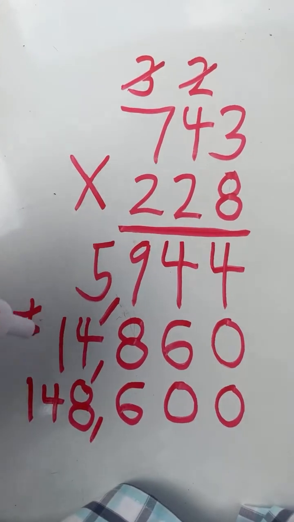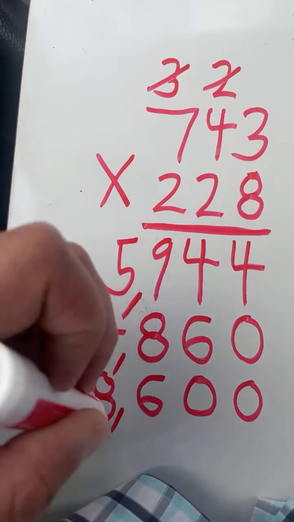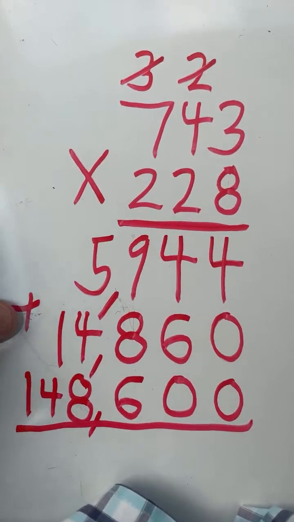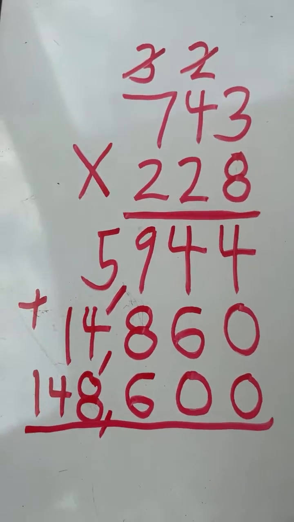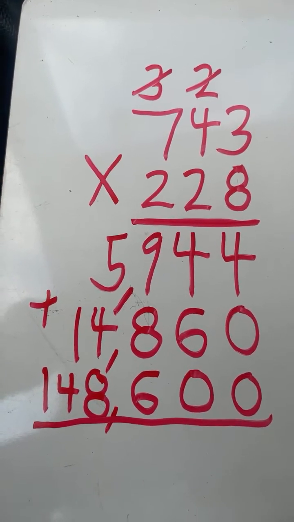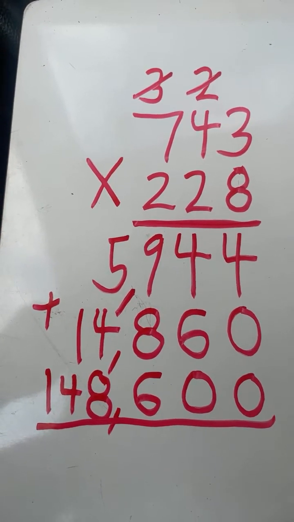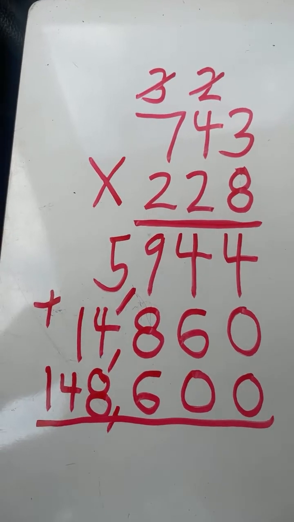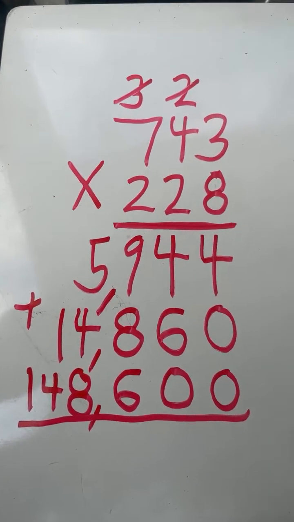Now to get our final answer, we have to add these 3 numbers together. So we need to add together 5,944 plus 14,860 plus 148,600.